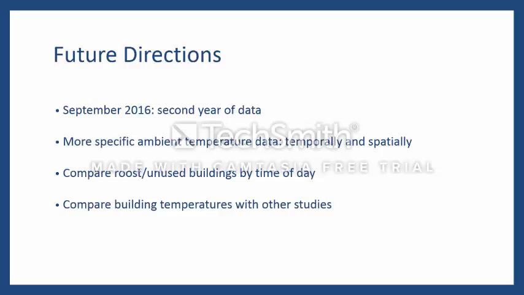But if I can, I'd like to find weather stations throughout the Park Service that might have data more specific to these buildings and may have a finer time gradient. And I would also like to compare roosts and unused buildings by time of day, looking at daytime temperatures versus nighttime temperatures, as well as compare the building temperatures that I did find with those of other studies.